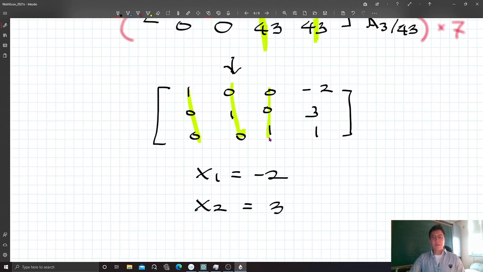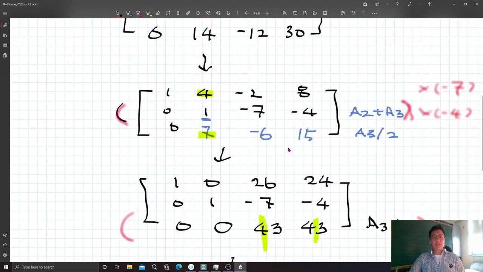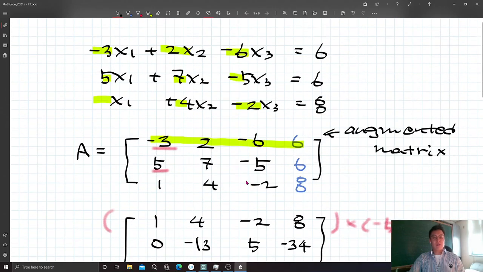And the third column is for x3. So x3 is 1. Okay? The way to interpret this is the same as the way to interpret this augmented matrix. For example, the first row tells us negative 3x1, 2x2, negative 6x3 equals 6.